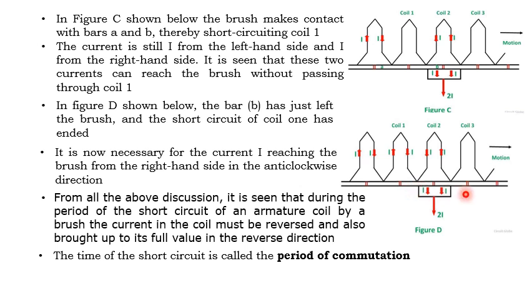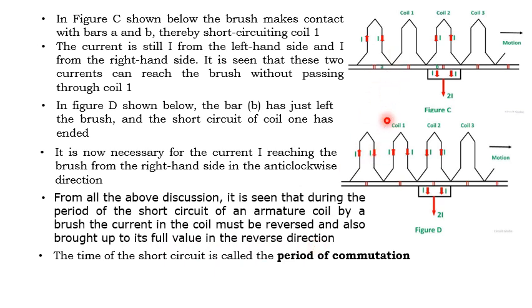The current which is coming from the right hand side, and that too in anti-clockwise direction, so this current is 2 times I. From all these discussions, we conclude that during the period of short circuit of an armature coil by a brush, the current in the coil must be reversed and also brought up to its full value in the reverse direction.